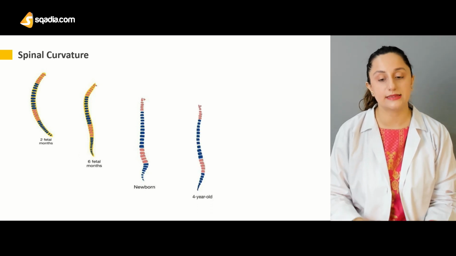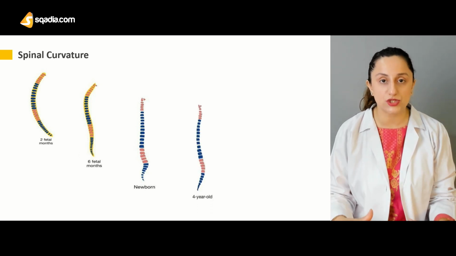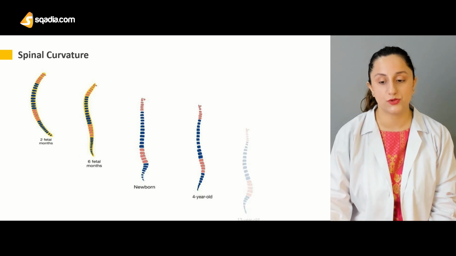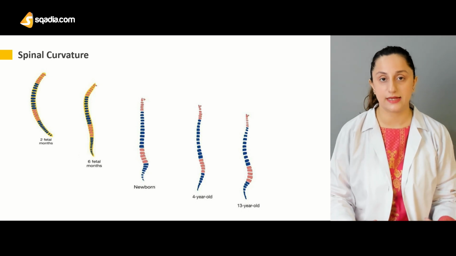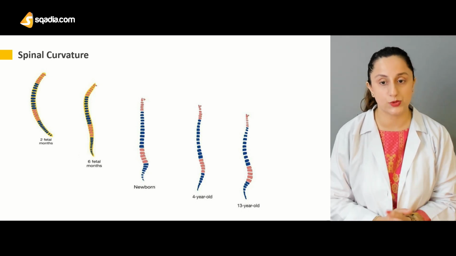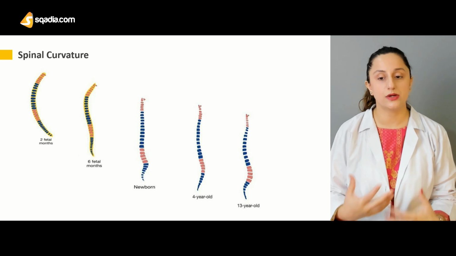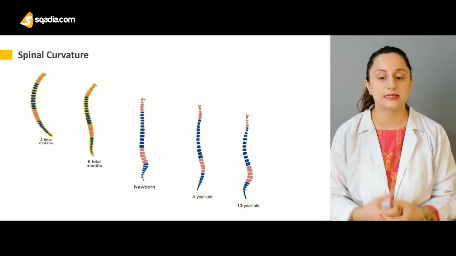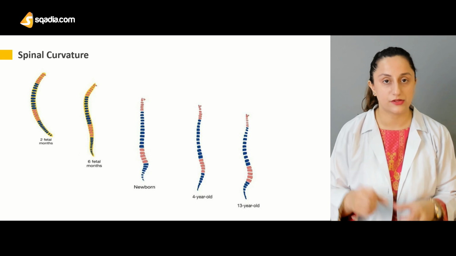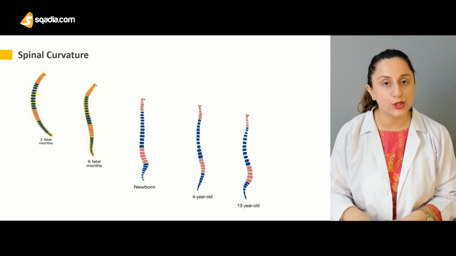Then at almost the age of 4 years, there are slight changes occurring in the individual. And at almost the pubertal age, that is about a 13-year-old individual, he is going to completely develop the thoracic kyphosis and the lumbar lordosis.